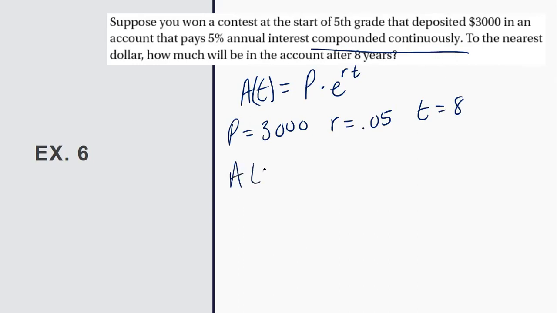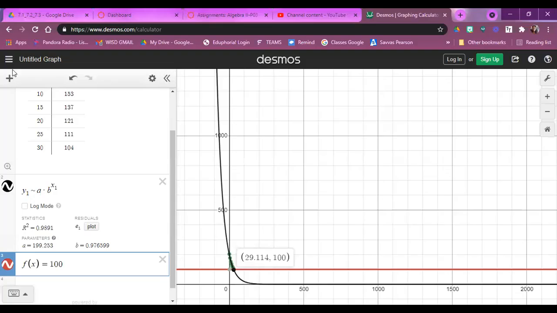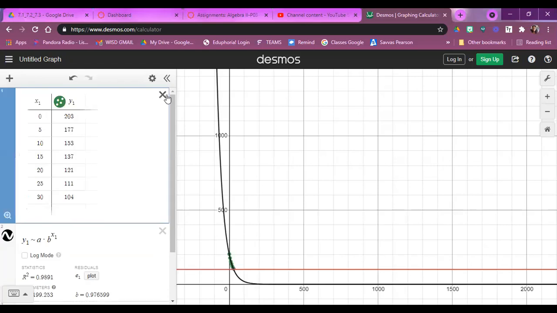So after 8 years, how much money have you earned since 5th grade? We take it, we plug it in. I'm going to go back to Desmos and clear all this out.